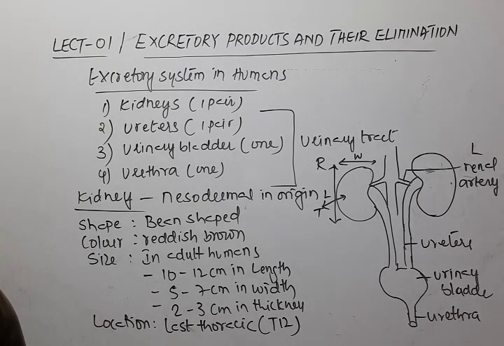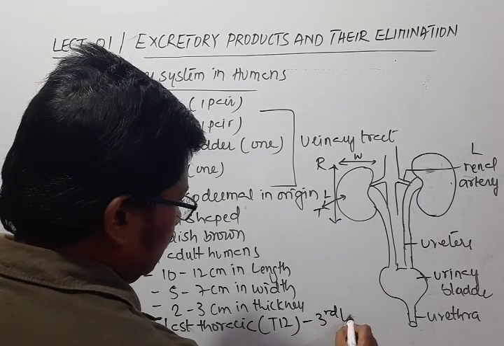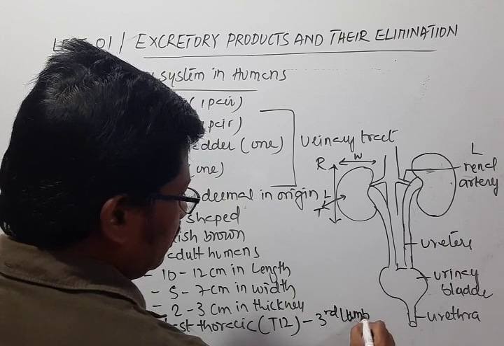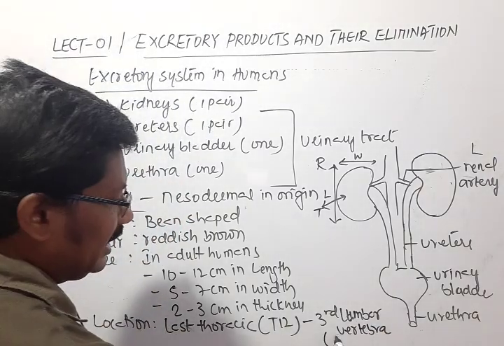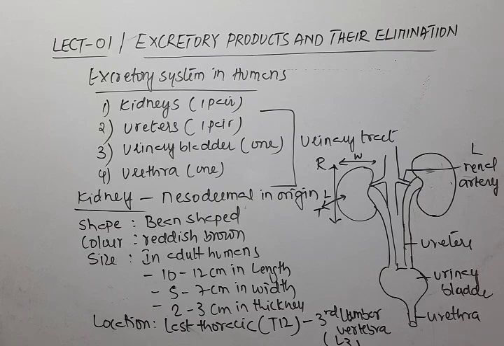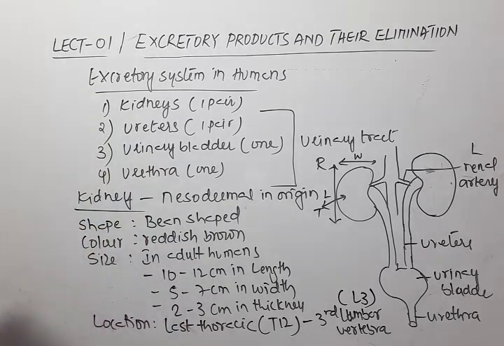So between the last thoracic vertebra, that is T12, and it extends up to the third lumbar vertebra, that will be L3. So I simply say that the location is from T12 to L3, and it is present very close to the dorsal side, the dorsal inner wall.